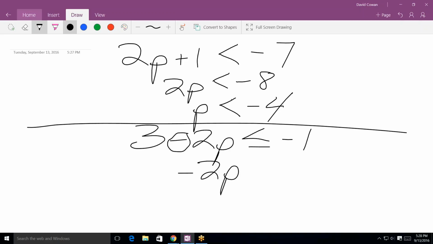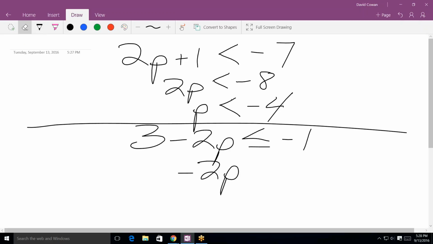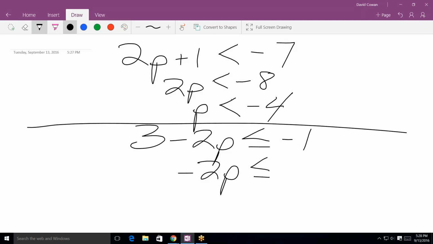Just because you move the 3 over, that negative sign still is attached to that 2p. Okay, so it's -2p is less than or equal to -4. And now what's the final line here? p is greater than or equal to 2.